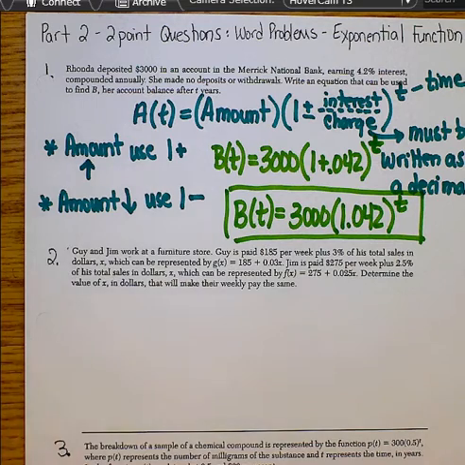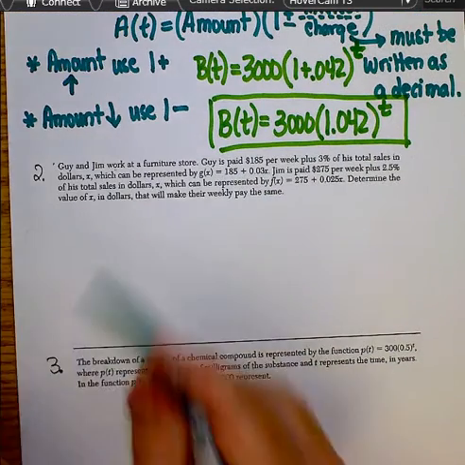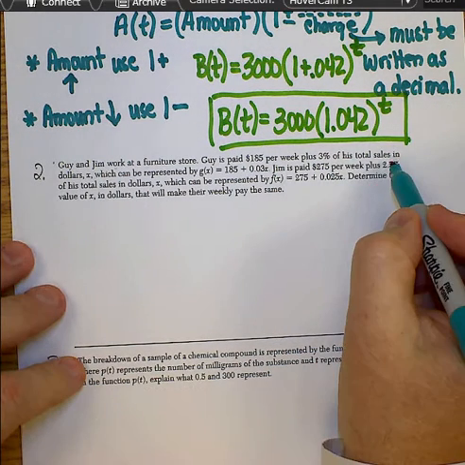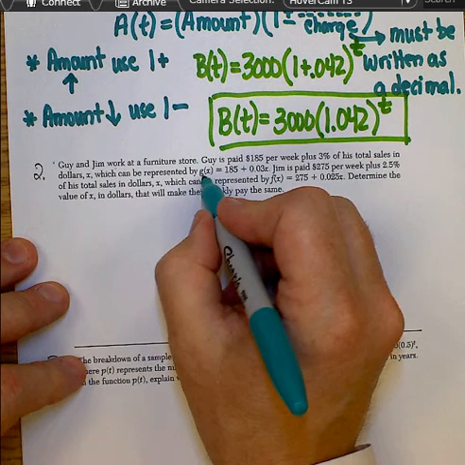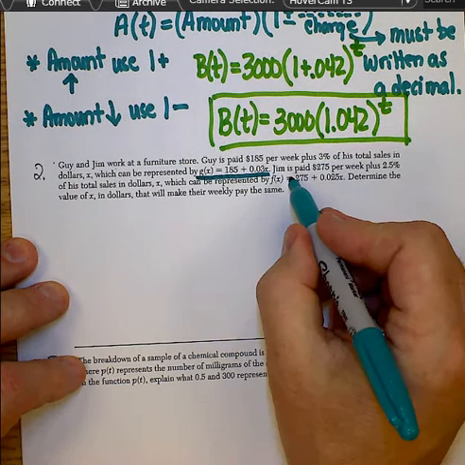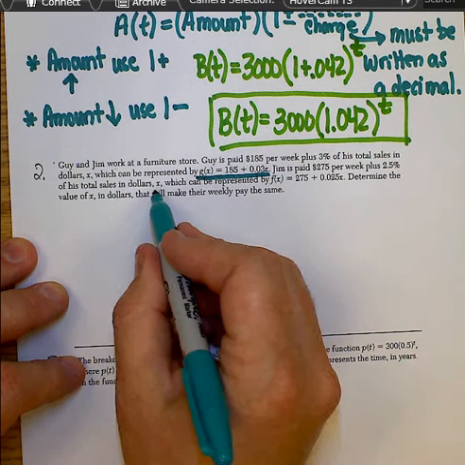Next, we have Guy and Jim. Guy and Jim work at a furniture store. Guy is paid $185 per week, plus 3% of his total sales in dollars x, which can be represented. So you don't have to worry about all that. They did it for you. Then it says Jim is paid $275 a week, plus 2.5% of his total sales.